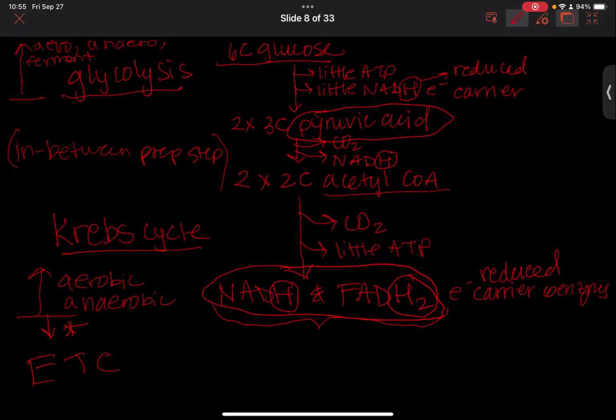The difference is, of course, aerobic will have O2 as the final electron acceptor, and then anaerobic will have anything else, not O2. Okay. So now that we're going through the electron transport chain, we're going to shuttle our electrons through these molecules that we call cytochromes.